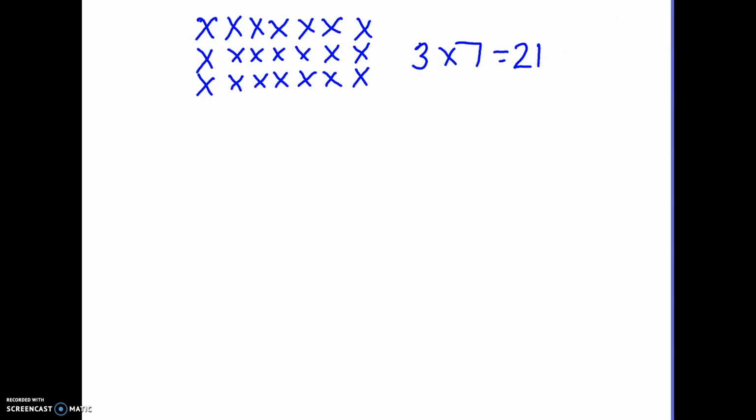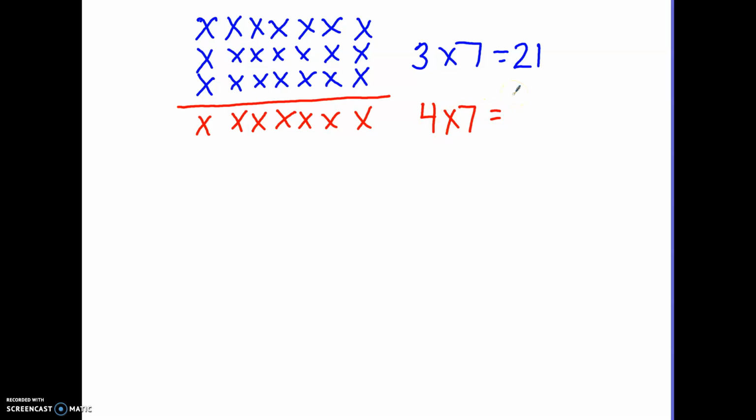But Mrs. O'Brien just came down and said, hey, we're having more people show up for the show, so we need to add another row of chairs. So I'm going to add a row. Now I have 4 rows, and there's going to be 7 in that row also. So I need a new number sentence for my new array, and it's going to be 4 times 7.